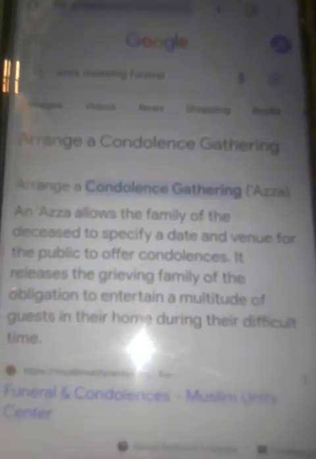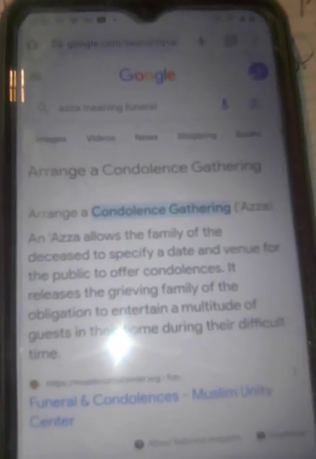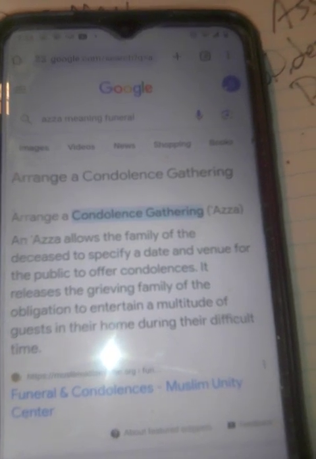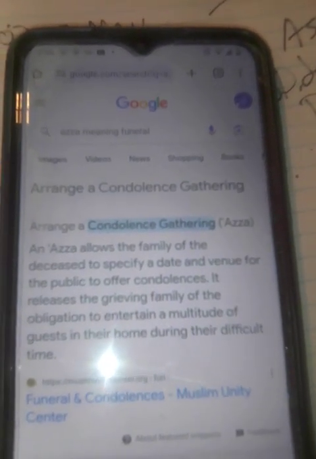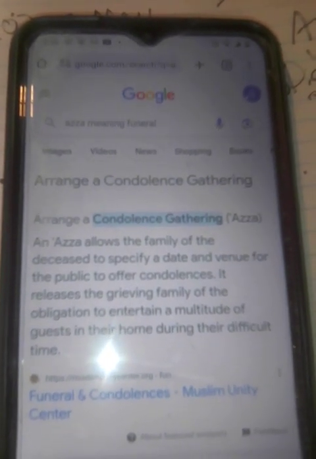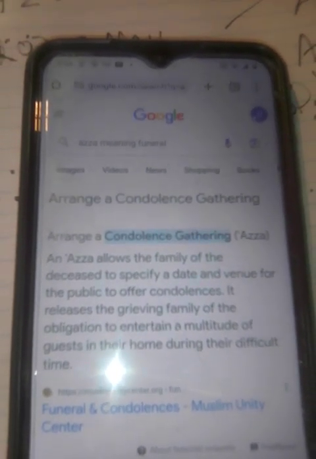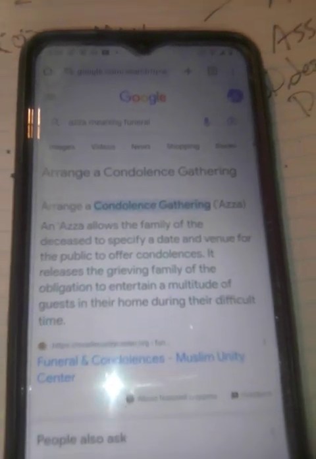Now check this out. Here's another meaning for the word Azza, spelled A-Z-Z-A. Okay? And Azza allows the family of the deceased to specify a date and venue for the public to offer condolences. It releases the grieving family of the obligation to entertain a multitude of guests in their home during their difficult time.